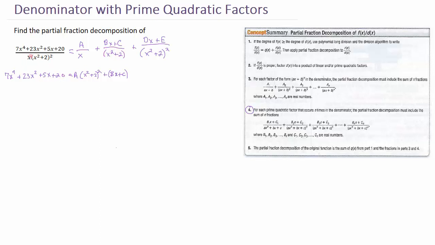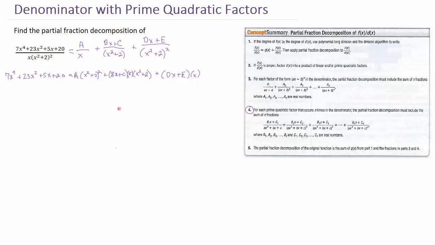So we're still going to have the x, and we're going to have one of these x squared plus 2. That's going to be a little bit of a handful for multiplication, but we might be able to do it off on the side. Plus Dx plus E, and this x squared plus 2 squared would cancel out with this x squared plus 2, quantity squared, so we're just left with times x.